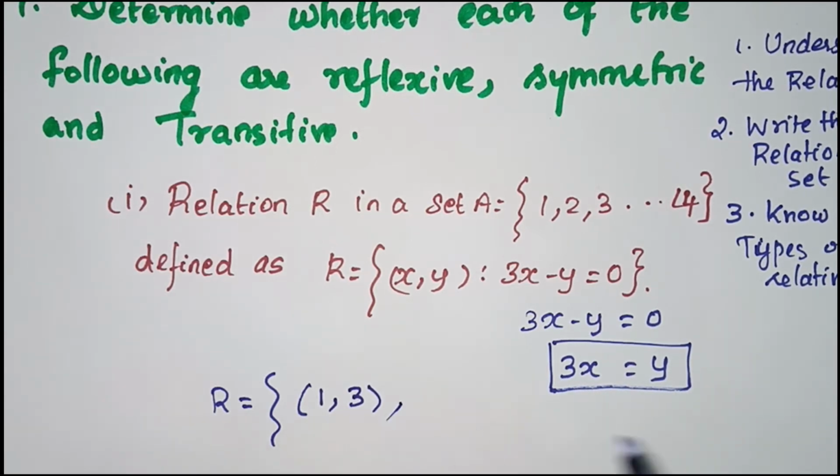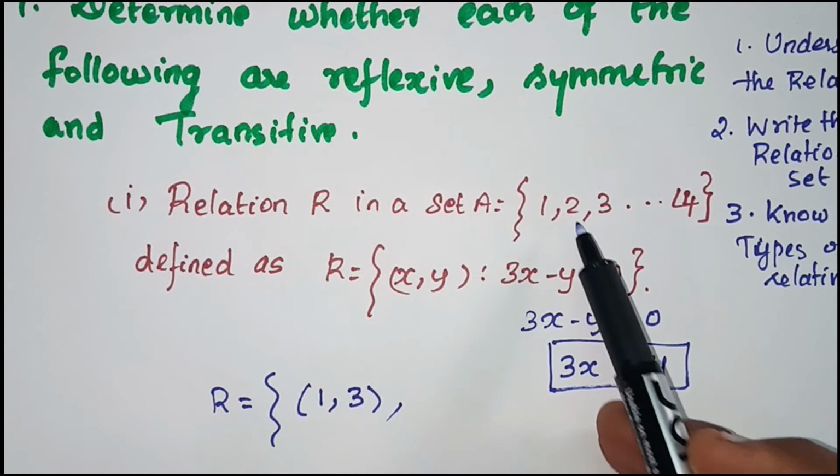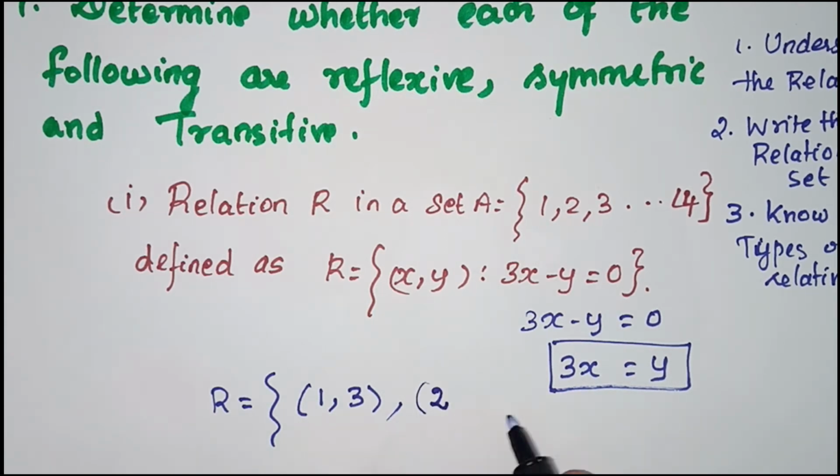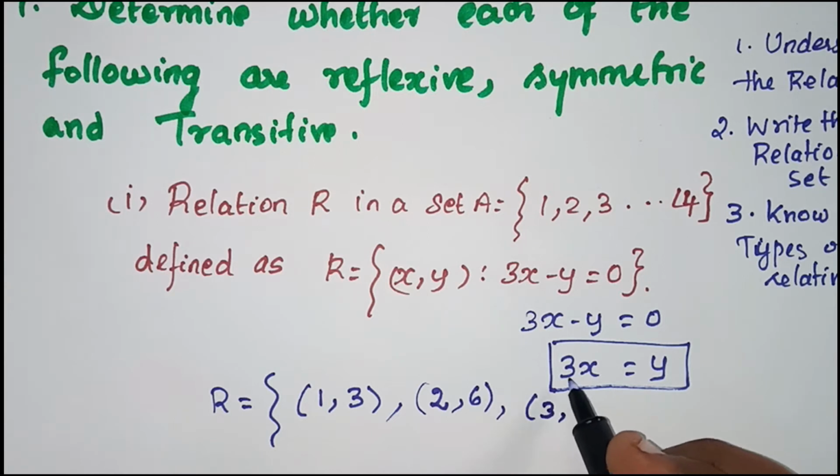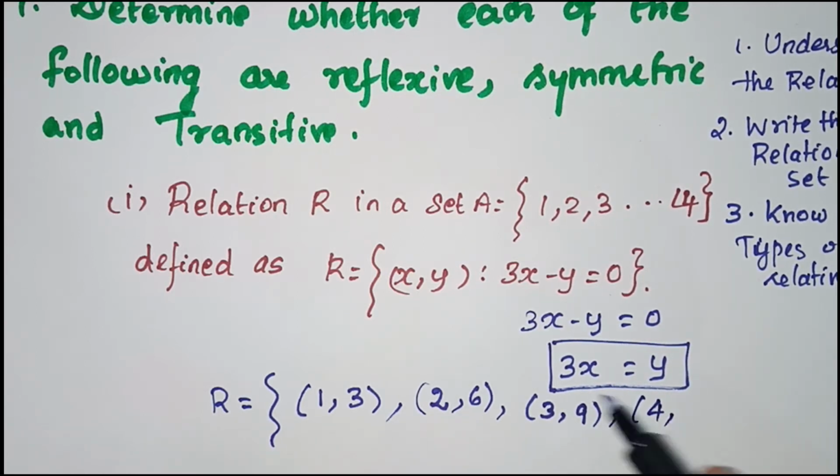So (1, 3). Next we can take 2. So x is equal to 2, y is equal to 6, right? Next 3. x is equal to 3, y is equal to 3 into 3, 9. Next 4. x is equal to 4, y is equal to 12.